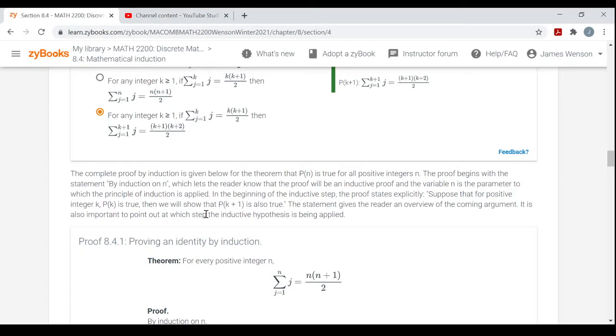Now, this is usually for statements involving an infinite set of integers that's bounded below, that's from some integer upward. Typically, those types of universal statements will be proven by mathematical induction.